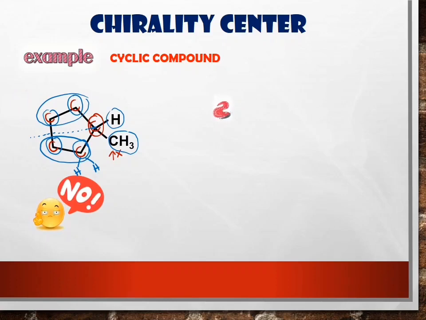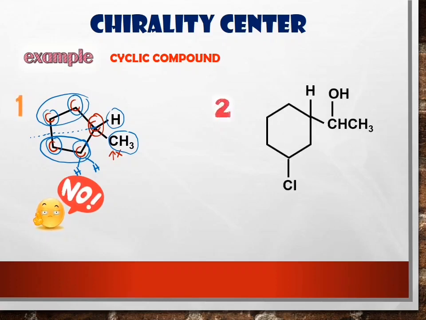Next, the second example here, we have this compound. Okay, how many chiral carbons do we have here, class? Now we look here. We have this carbon as a chiral carbon. Why? So let's see here. This carbon is bonded to hydrogen, and this carbon is also bonded to the whole group of atoms here. See? We have 2.